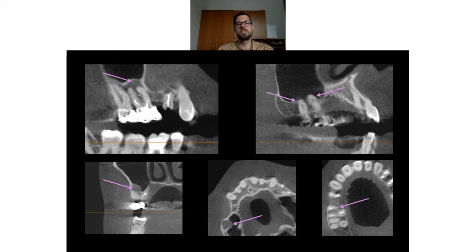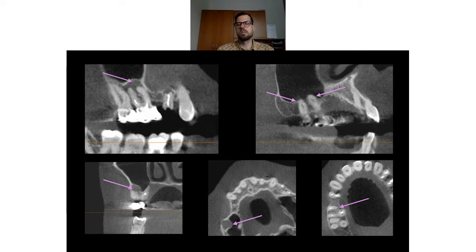So here we see all the problems with the endo. We see the big periapical lesions. We also see that the root canals are not properly filled.